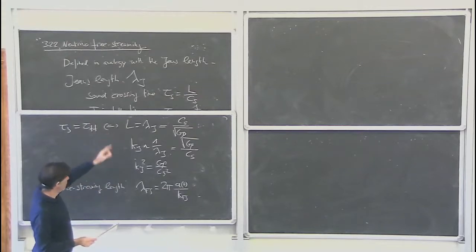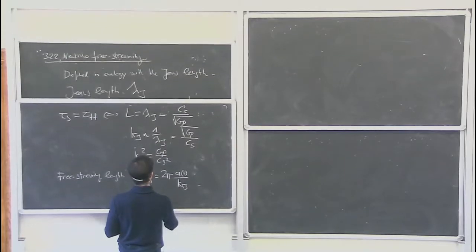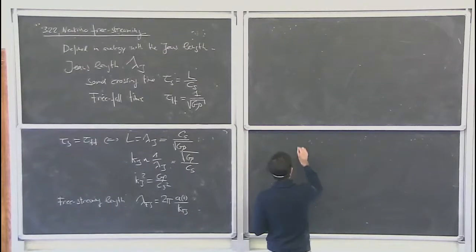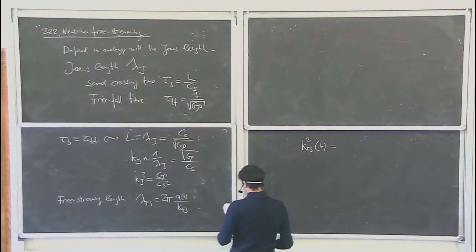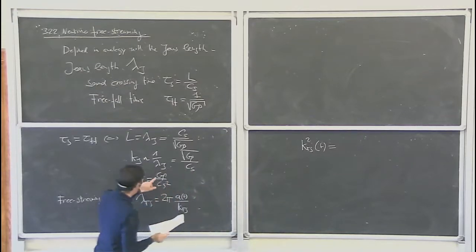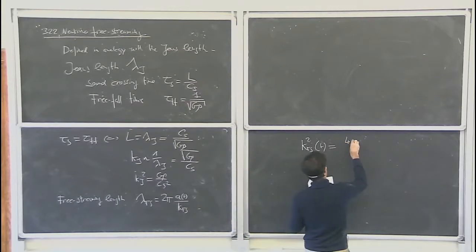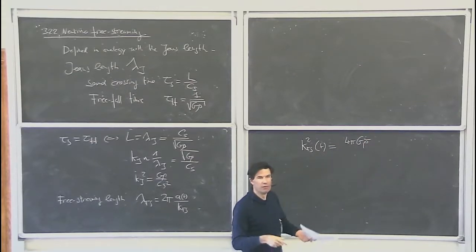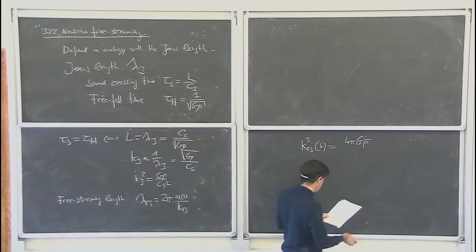And then in analogy with what we have, we defined k_fs squared, which is generically a function of time, as G rho bar, because density fluctuations are fairly homogeneous in the early universe.